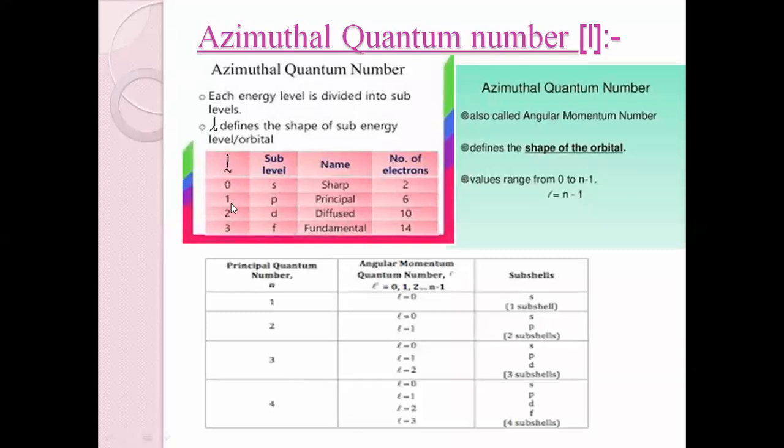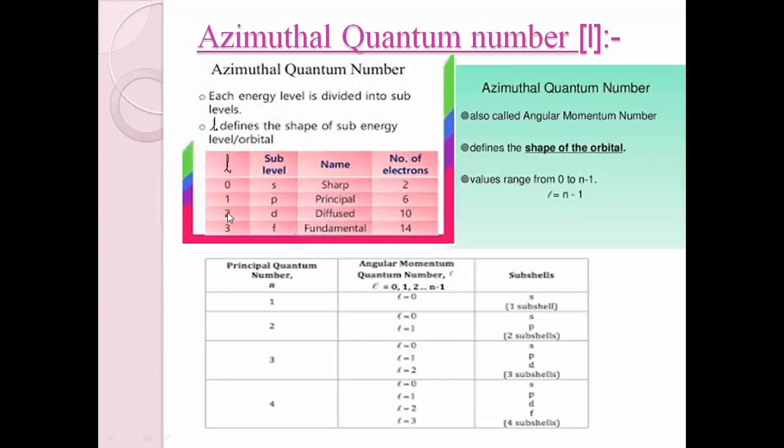So over here in the pink table, L is equal to 1. 1 represents the p orbital or p subshell or p sub energy level. Okay. When L is equal to 1, it is the p. What is p? P is the principal orbital.